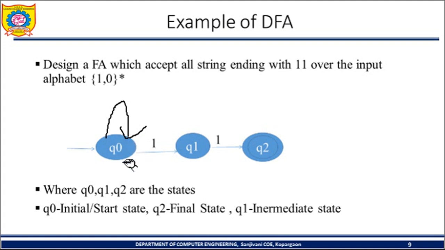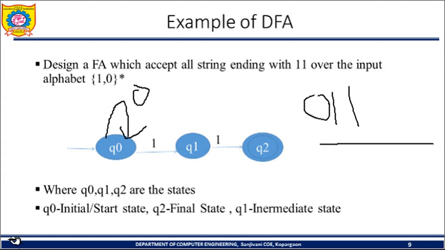So we'll check firstly whether it is possible to stay in the same state on input 0. If I give 0 as input for Q0, is it possible? Take 0 1 1. Should this string be accepted by the DFA? Yes, it should be accepted because it ends with 1 1. So this one is right.